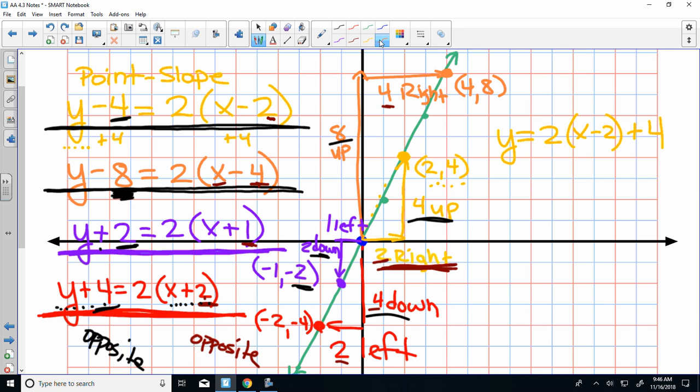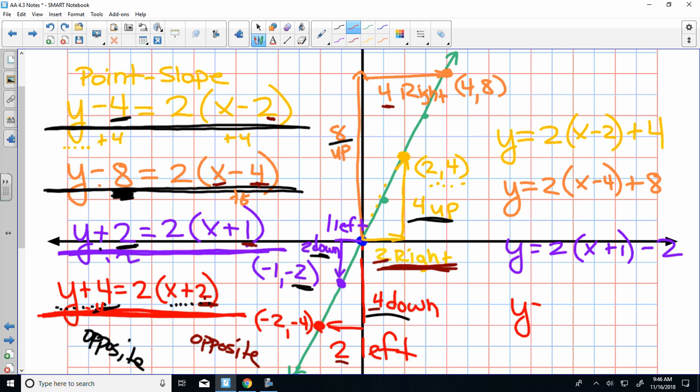If you take the orange one and solve for y, we'd have to add 8 to both sides, and so then you'd get y equals 2 times x minus 4 plus 8. And the purple one, you would subtract 2, and then you would get y equals 2 times x plus 1 minus 2. And then finally, if you take this one and subtract 4, you would get y equals 2 times x plus 2 minus 4.